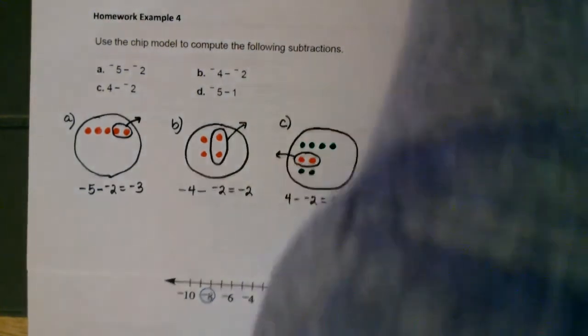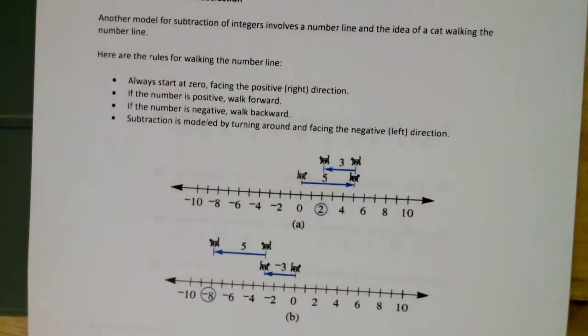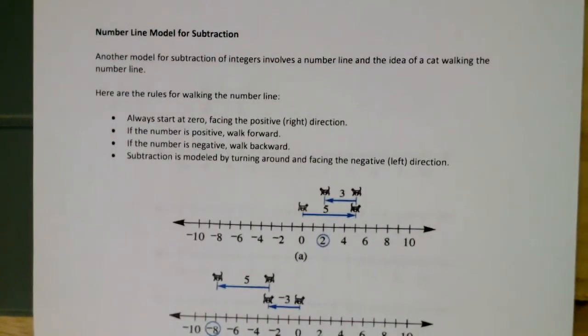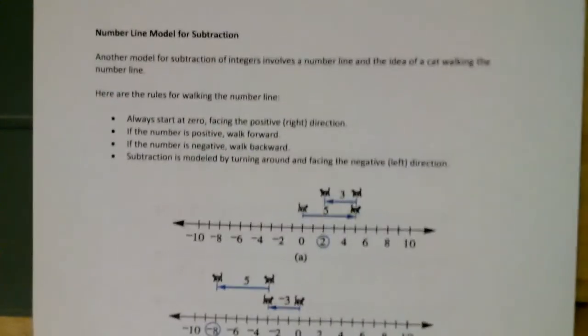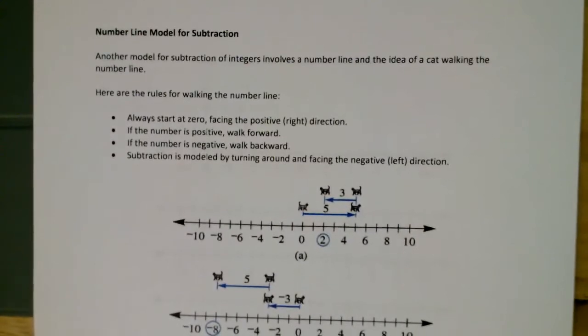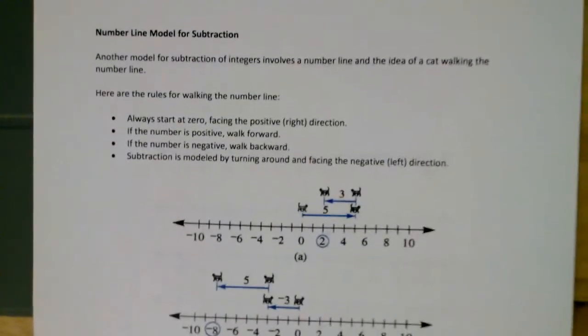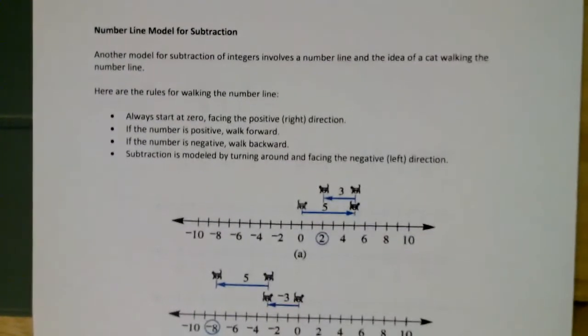All right, now we can also use the number line model for subtraction. Another model for subtraction of integers involves a number line and the idea of a cat walking the number line. Now here are the rules for walking the number line in this case.